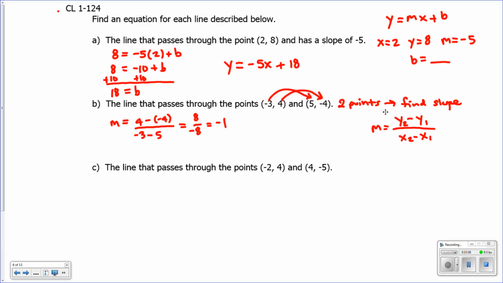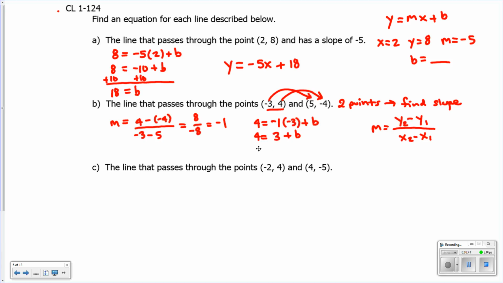And now we'll do the same thing we did above, where we've got a point and a slope. We'll take them and put them in here. I'll use this point here. 4 equals our slope, which is -1, times our -3 plus b. -1 times -3 is +3.